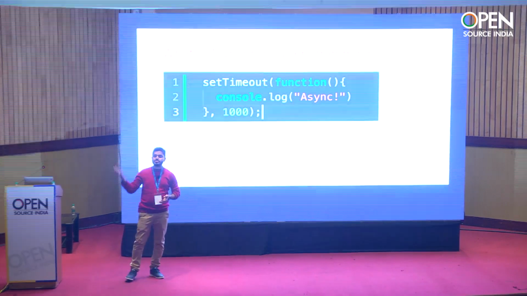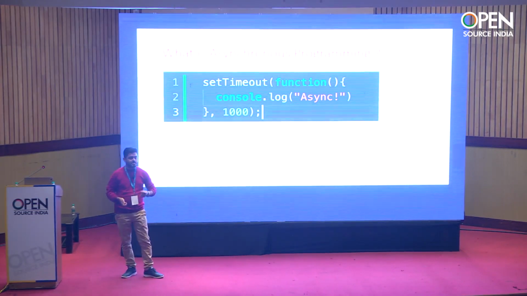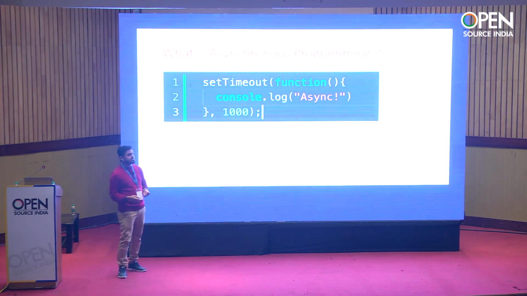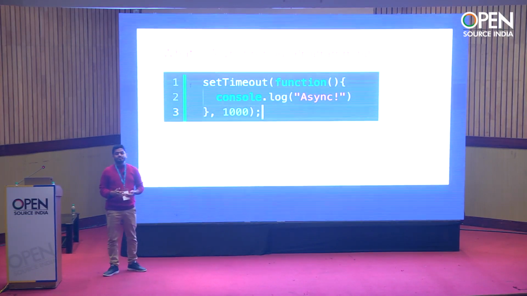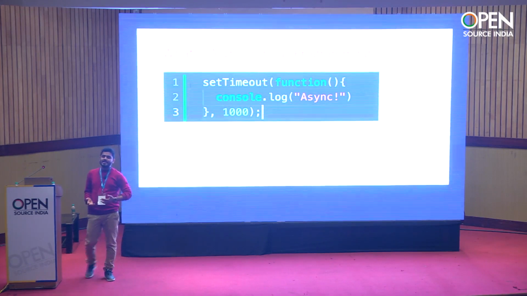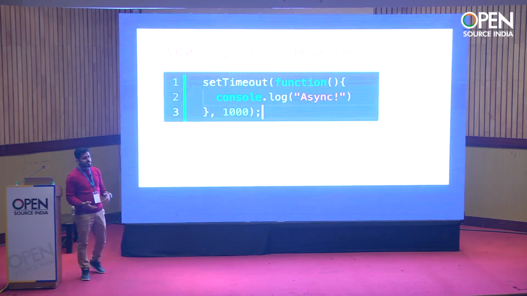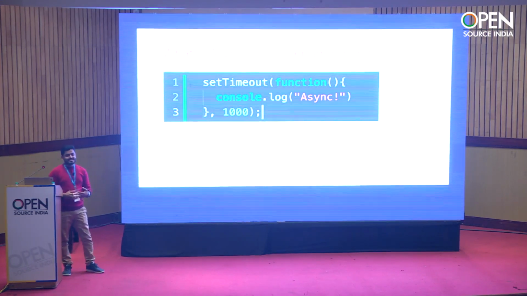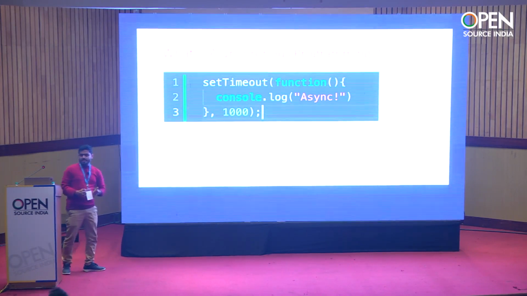It goes and does some other job. Maybe some button click has happened, maybe some mouse movement has happened. It has to react to those. So it does that, and then when 1 second is over, it comes back and prints this console log. Similar to what we saw Iron Man doing. He was not waiting standalone when his suit parts were flying and coming. He was doing some other job as well. So that's what asynchronous programming is.